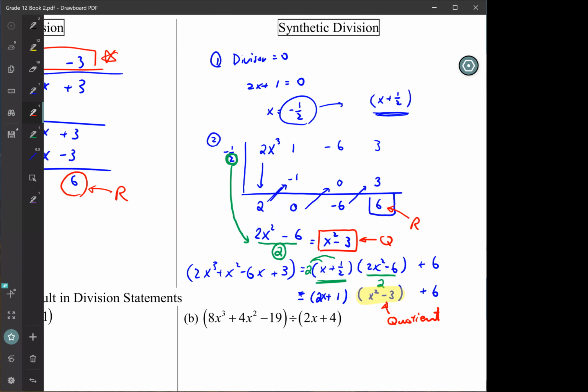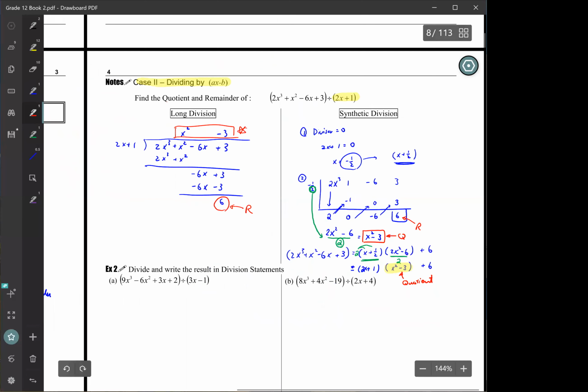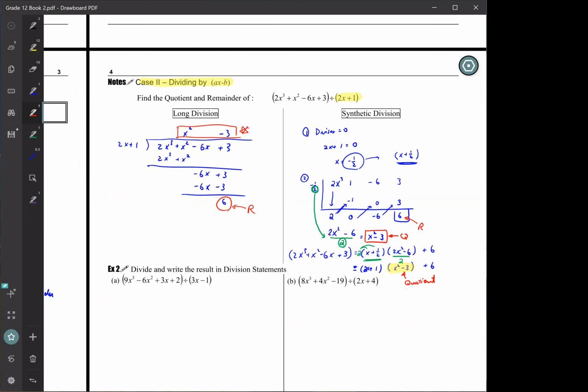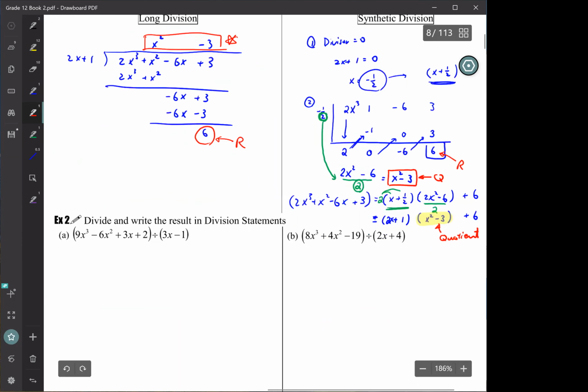Okay. So I'd like you to try 2 questions down here. Each one of them has a number in front of it, right? So if there's a number in front of it, at the end, your answer needs to be divided by that number. Okay?